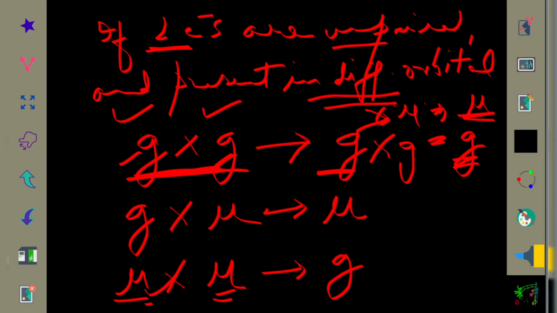Similarly, if the 2 electrons are in ungerade and the third one is in ungerade again, then the overall resultant will be ungerade. So we have to multiply according to this rule. This rule is important when we have more than 2 unpaired electrons present in the orbitals, right?